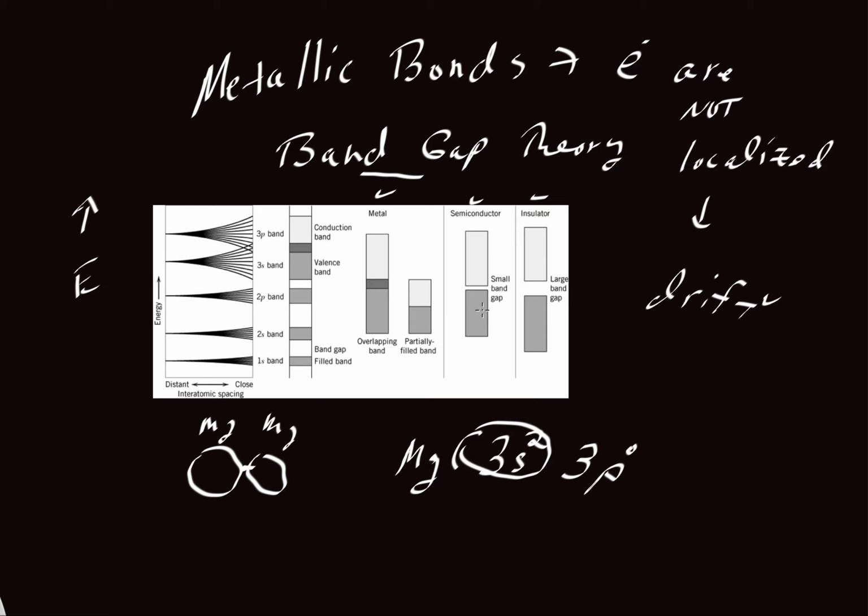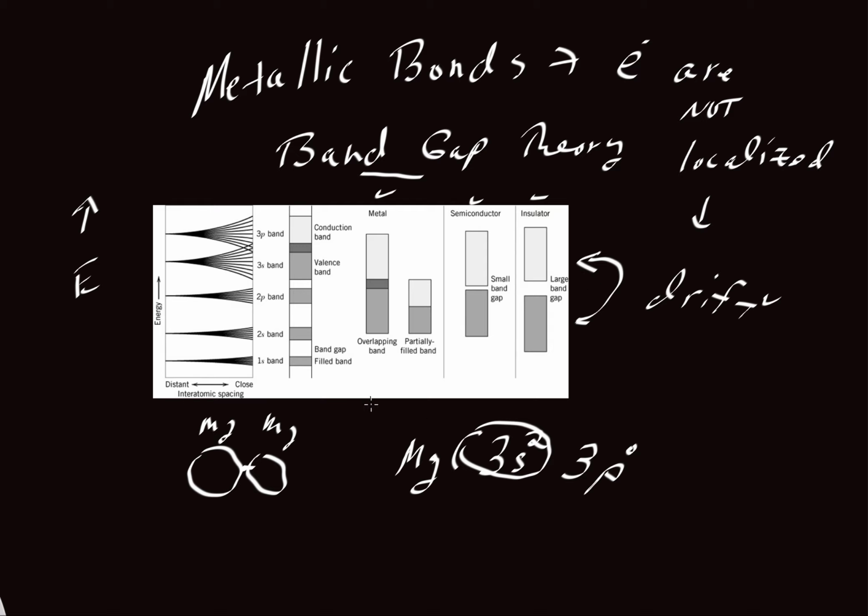So if you add a little bit of energy, then an electron can hop from the valence band up into the conduction band. Without that energy input, it would be an insulator, but add a little bit of energy and it can become a conductor. And if you have a large band gap, then the electrons down here are just not going to be able to make that leap into the conduction band, and those materials are not going to act as conductors.